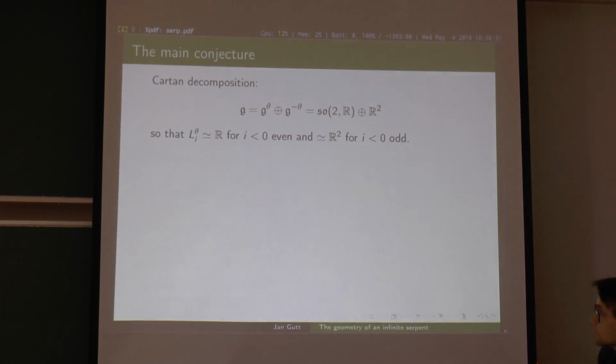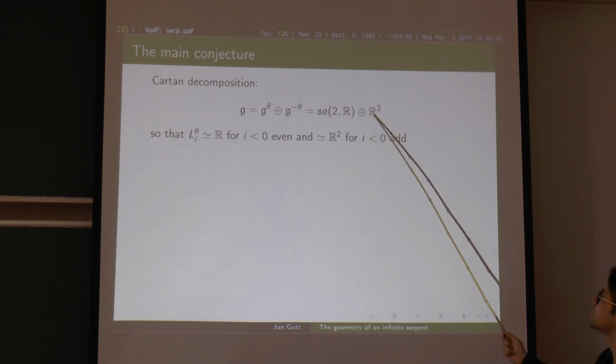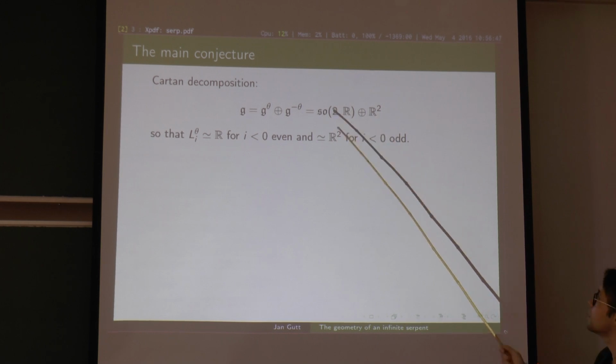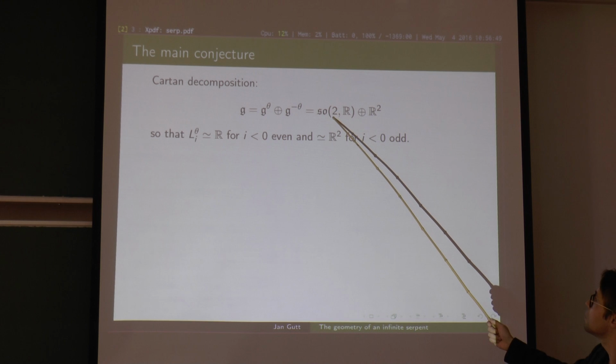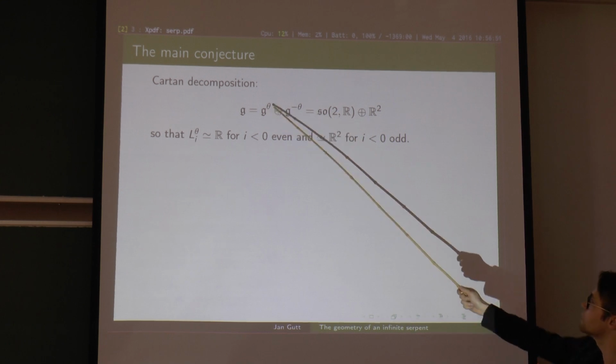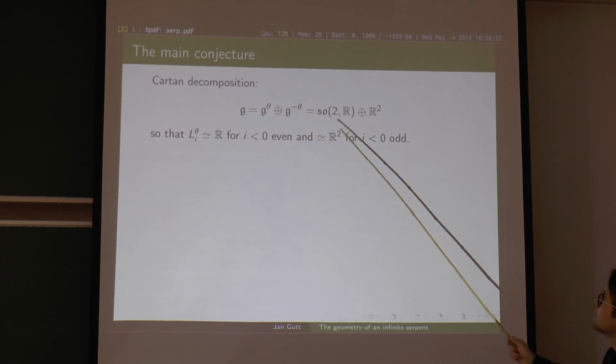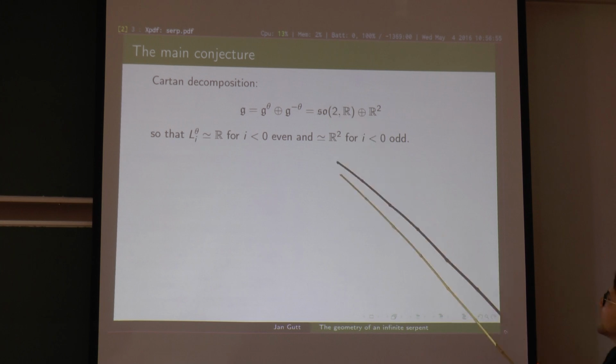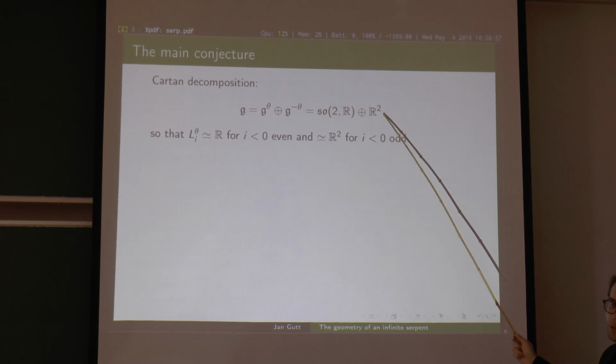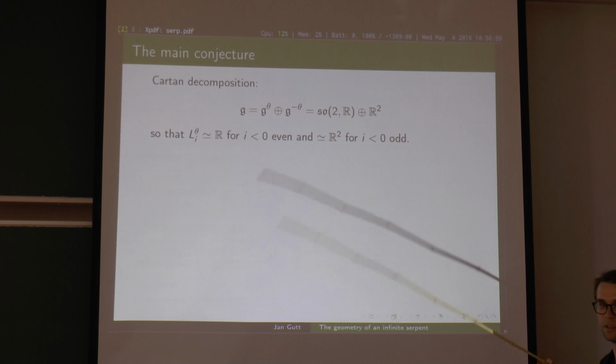One last thing, and I can at last state my main conjecture. This involution, the Cartan involution on the Lie algebra SL2, gives a Cartan decomposition. It decomposes G into the maximal compact subalgebra and an invariant complement. In this case, the maximal compact subalgebra, which is the subspace fixed by theta, is just SO2, and the complement is just R2, on which SO2 acts in the obvious way.